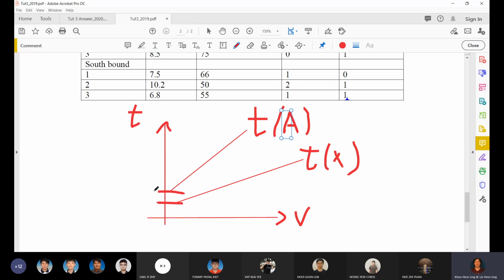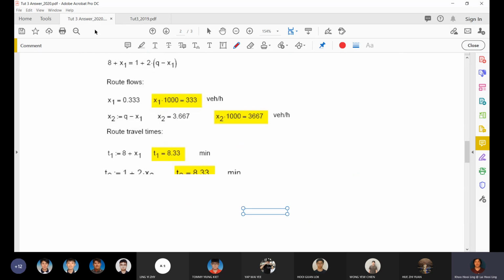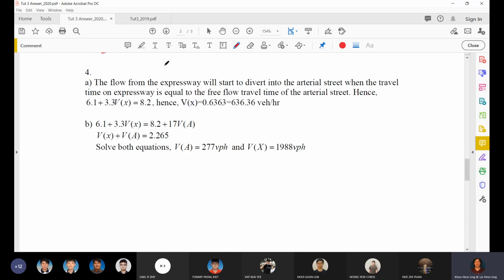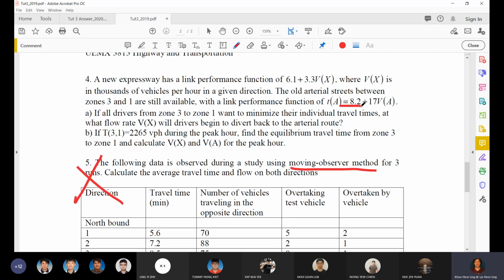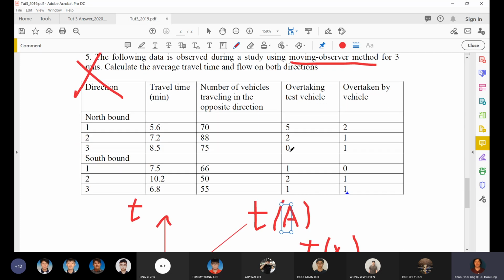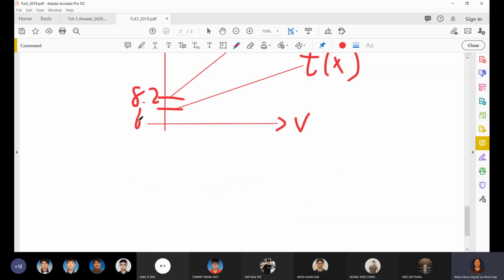So here you can see that the free flow travel time on TA is 8.2, given in the question. And for TX, it is 6.1.